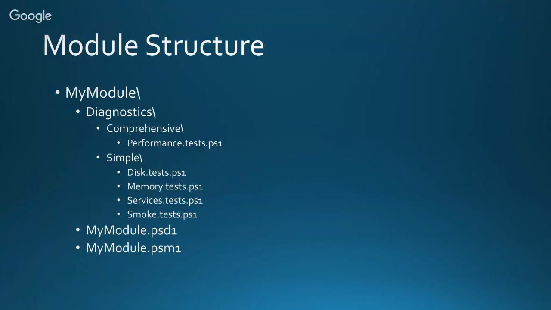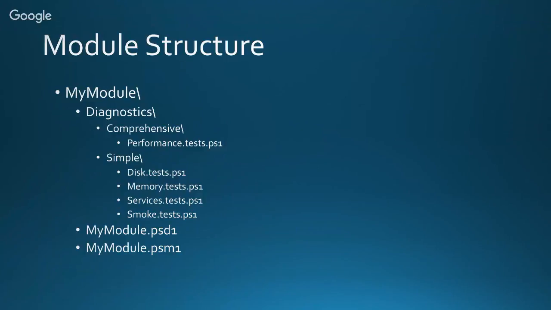But what the Operation Validation Framework looks for is a Diagnostics folder at the root of your module, and inside there, it'll look for a Comprehensive folder and a Simple folder, and inside those folders is where you have your traditional Pester tests. These would be tests that check services or memory or disk, or any kind of test that would gauge the health of your application.